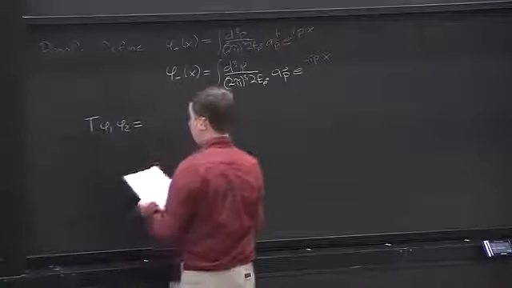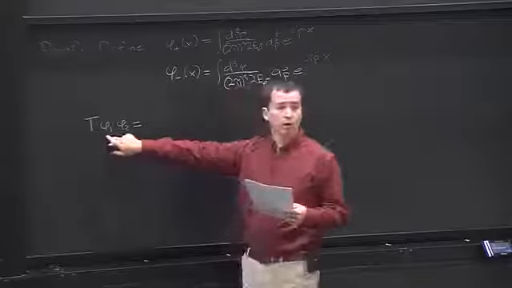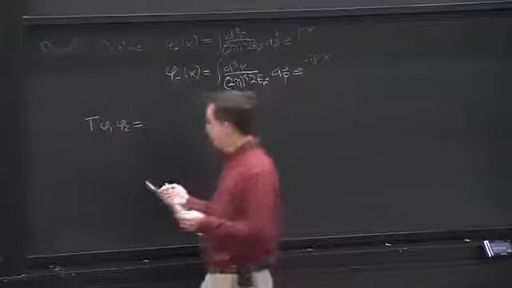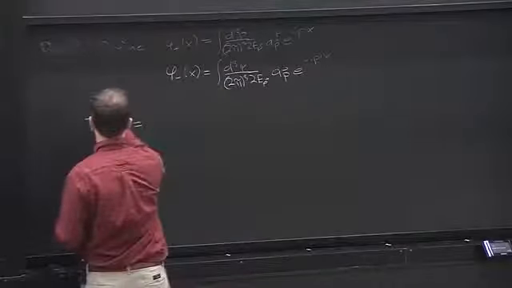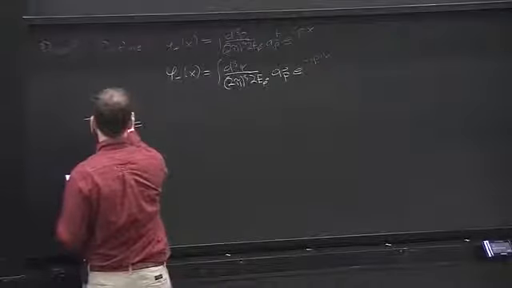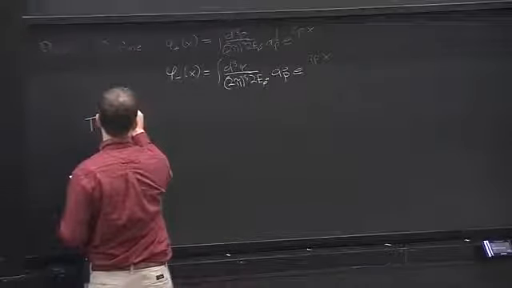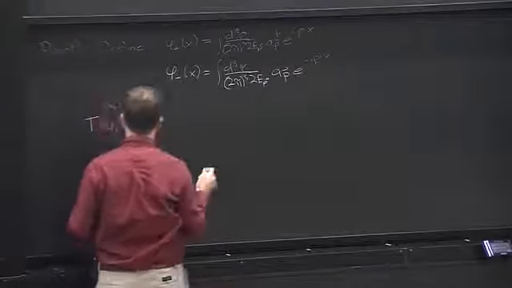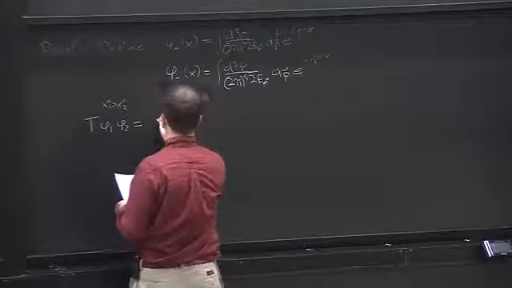If we expand out the time ordered product, there'll be 4 terms. Let's assume here that x0(1) is greater than x0(2) for concreteness.